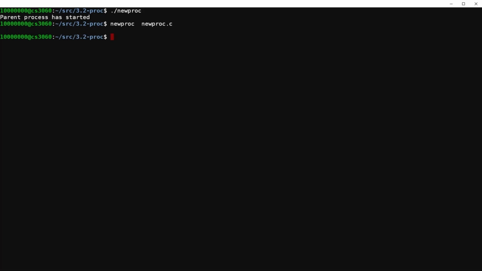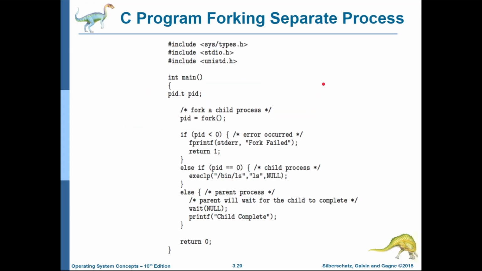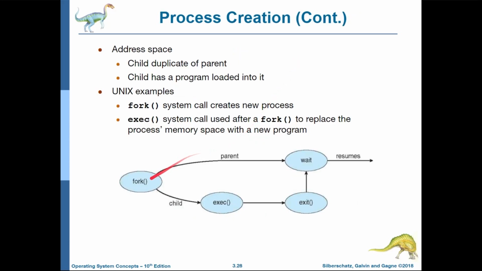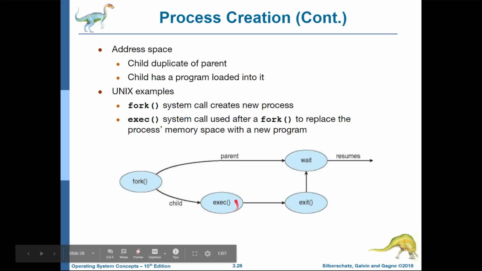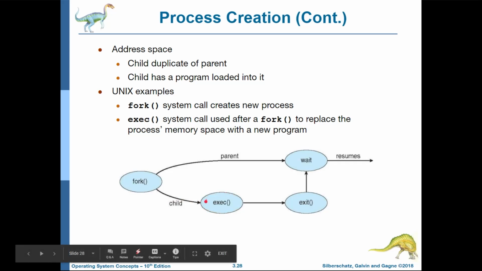We can fix this. If you remember back here in this particular diagram, we have a fork and the child performs exec. Well, in our situation, fork allowed the child to be created, but it didn't allow the child to perform exec.